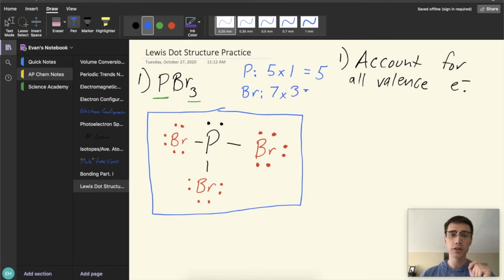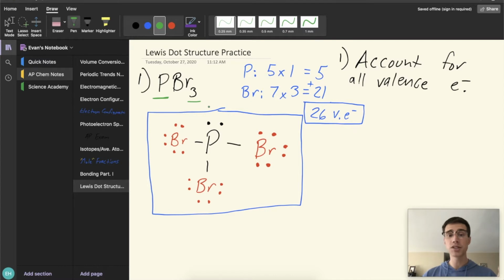So because there are 3 bromine atoms in this molecule, we need to take into account that there are a total of 21 valence electrons just from our bromine atoms, which means that we would have a total of 26 valence electrons. I'm just going to abbreviate it here with VE minus. E minus represents the electrons because, again, electrons have a negative charge. So in this molecule, we should have a total of 26 valence electrons.